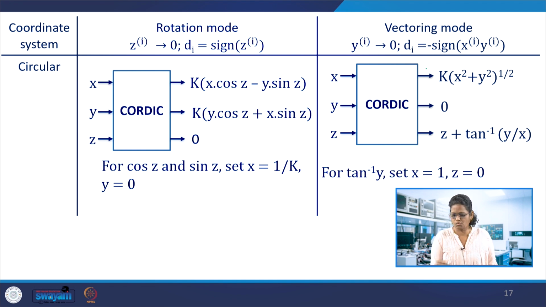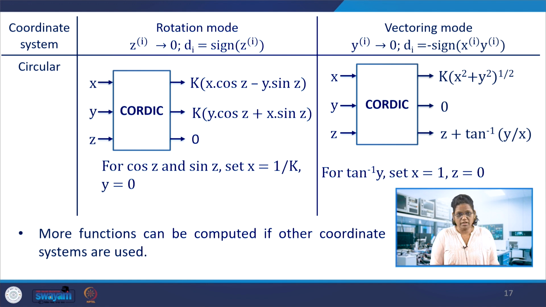For that, with x equal to 1 and z equal to 0, you will get tan inverse of y also. So the square root and this tan inverse can be obtained from the vectoring mode. If it is a circular coordinate, these are the initial settings and the functions that can be obtained from these CORDIC equations.